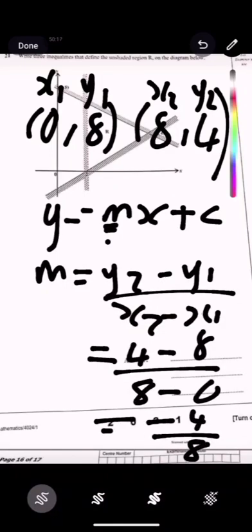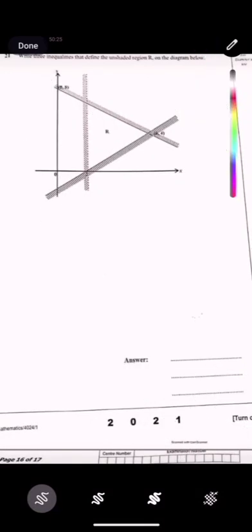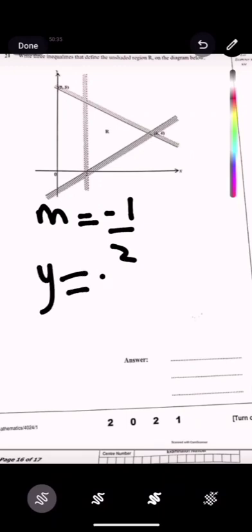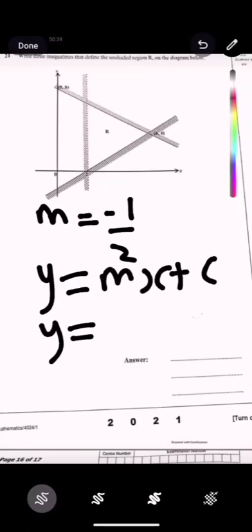So negative 4 divided by 8 is negative 1 over 2. So our gradient is negative 1 over 2. When I'm fast, it means that I trust that you can get that part. So this is our m. Now we have y is equal to mx plus c. Where there's m, we put our negative 1 over 2, x plus c.